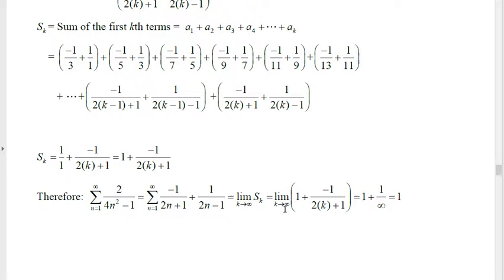As k approaches infinity, this right here will go to 0, because negative 1 divided by infinity is 0. And so we end up with 1. And therefore, we have just shown that the infinite series 2 divided by 4n squared minus 1 converges to 1.